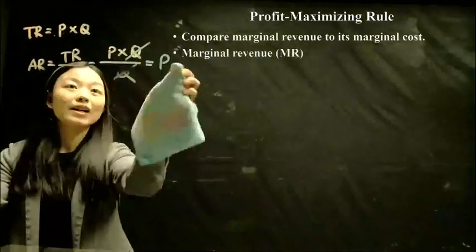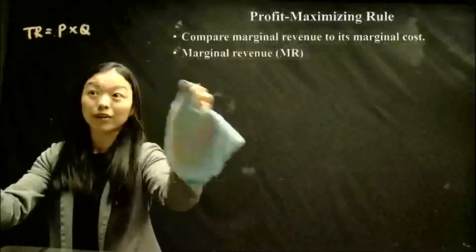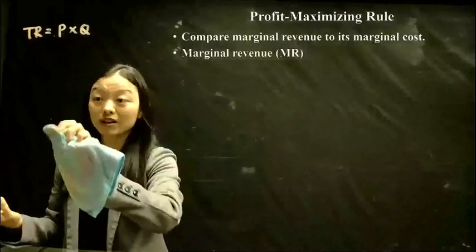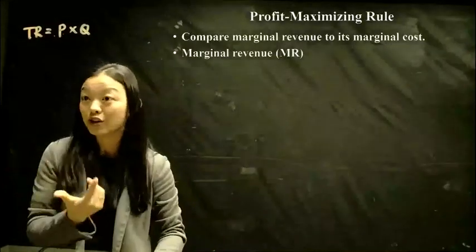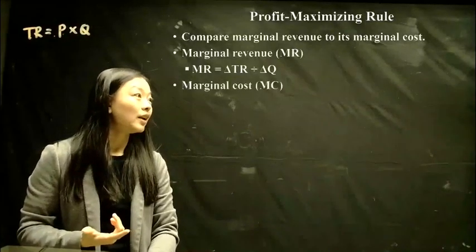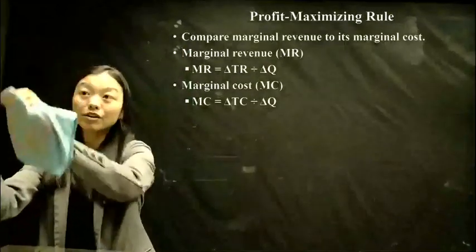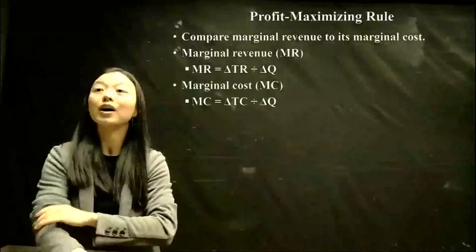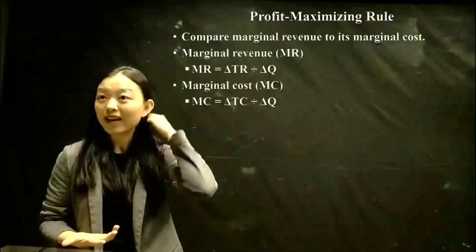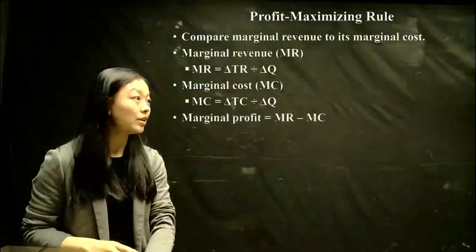So we know that marginal revenue represents the additional revenue that can be brought by one additional output. And we know the marginal costs are related to the additional cost if one additional output is produced, right?